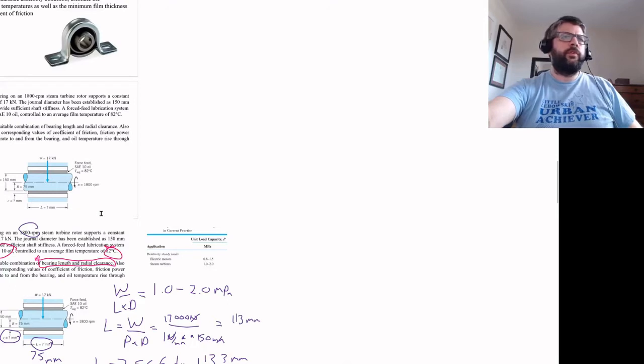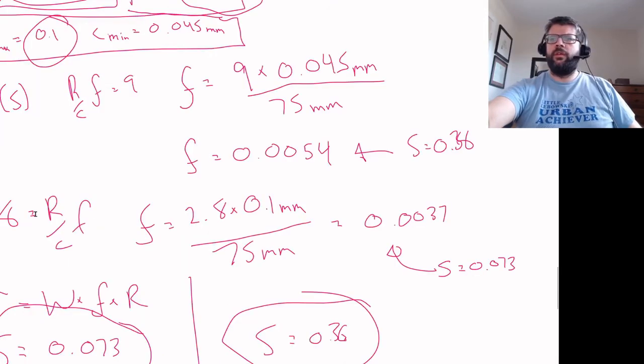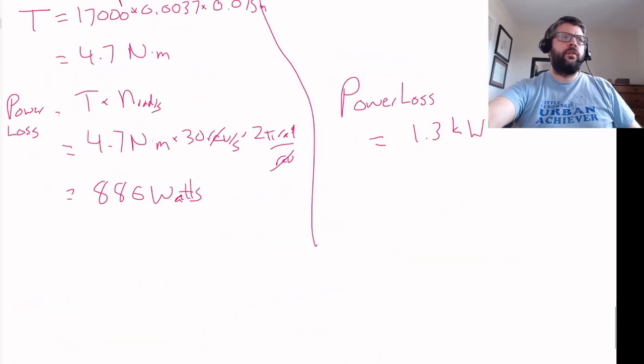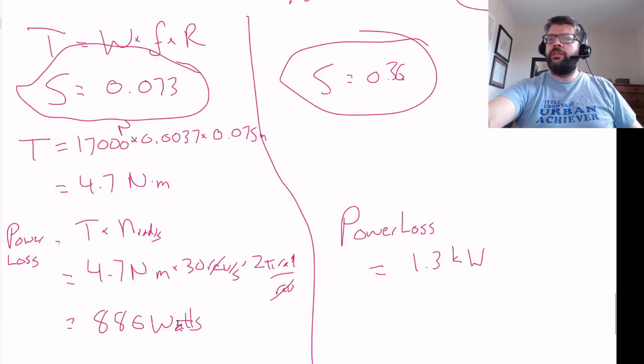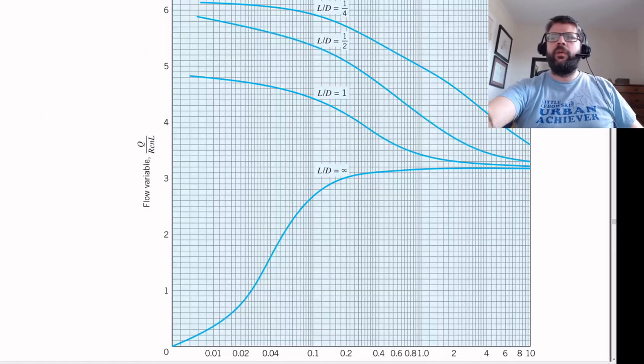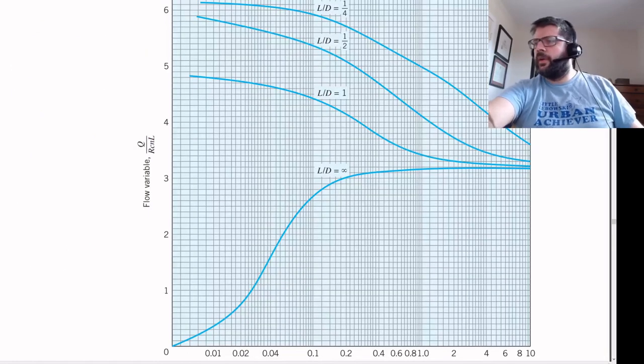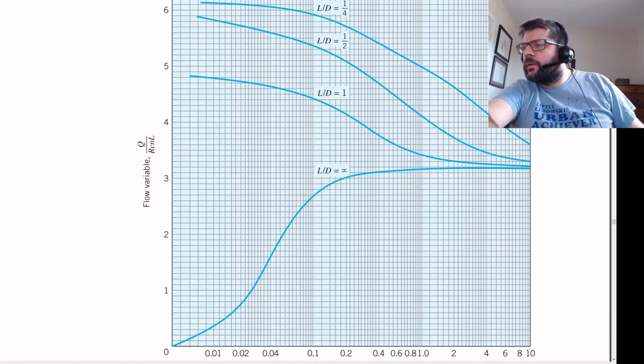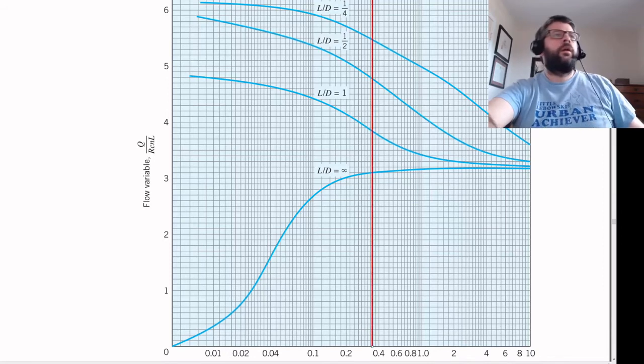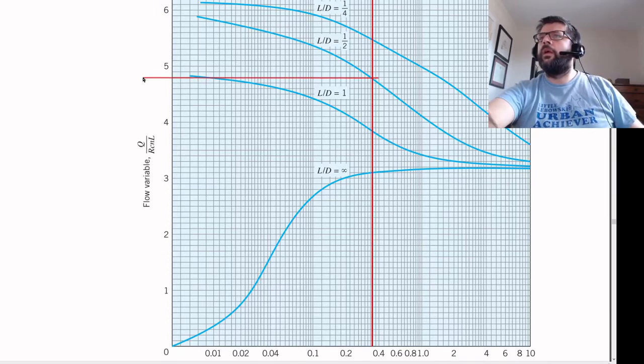So next up, oil flow rate. Again, let's start with the high S value here. We're looking at the line, and at the intersection here.